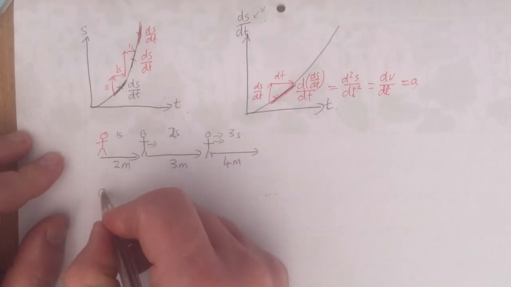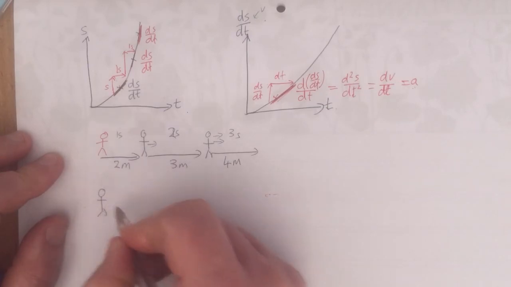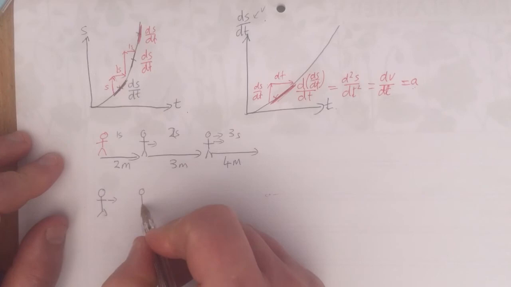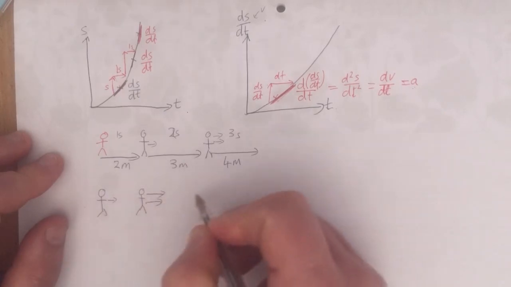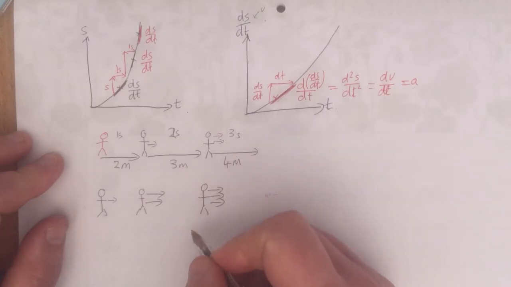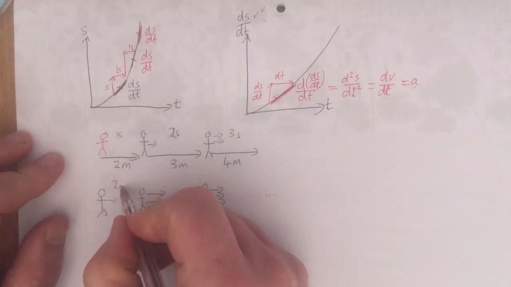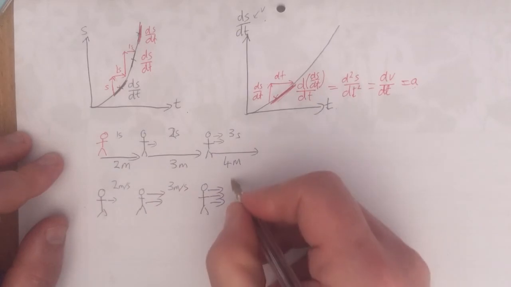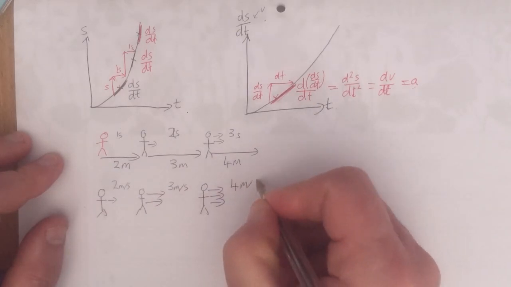If we then look at what's happening in terms of the velocity, the person starts off at a low speed and then they end up going at a higher speed or higher velocity, and then they end up going at a much higher velocity. So at this point they're going at 2 meters per second, at this point they're going at 3 meters per second, and at this point they're going at 4 meters per second.